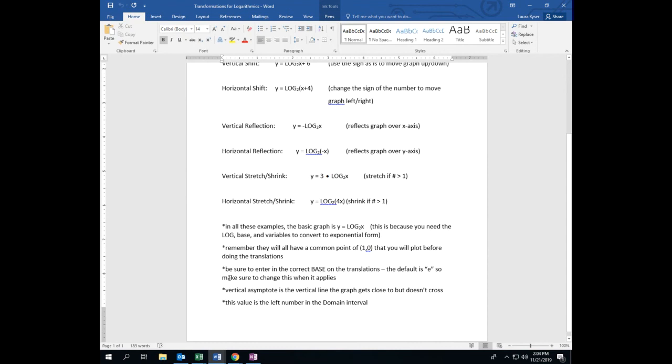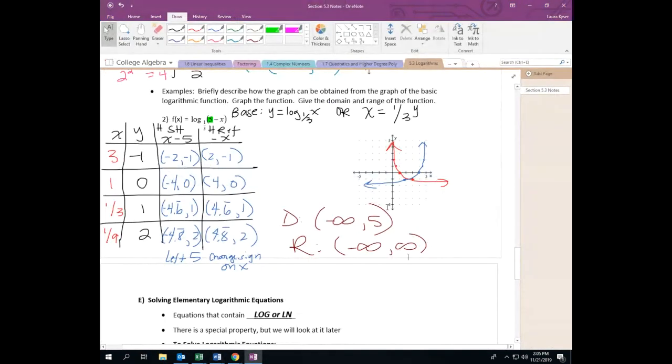And then if it asks about the vertical asymptote, that's going to be that vertical line that it's getting really close to, but not crossing. So when you do these, I think the computer is going to do them for you, and then you'll have a better looking picture than the one that I can make here. So hopefully that's the case. But that's graphing log transformations.